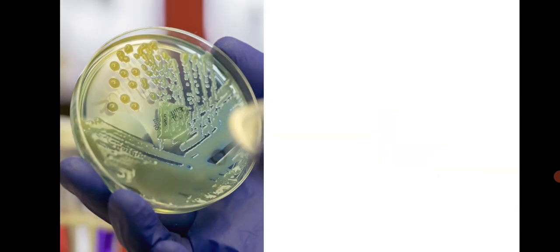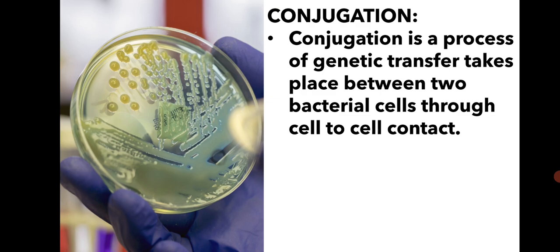Now, the next form of sexual reproduction, that is conjugation. Conjugation is a process of genetic transfer that takes place between two bacterial cells through cell to cell contact. So it involves the participation of two bacterial cells.